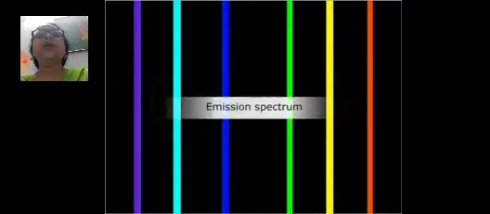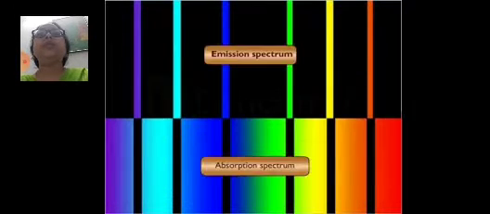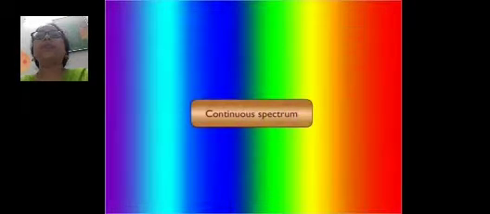The resultant spectrum of the emitted light contains some bright lines with dark space in between. The bright lines correspond to the wavelengths missing in the absorption spectrum of a gas. Such a spectrum is called emission spectrum.